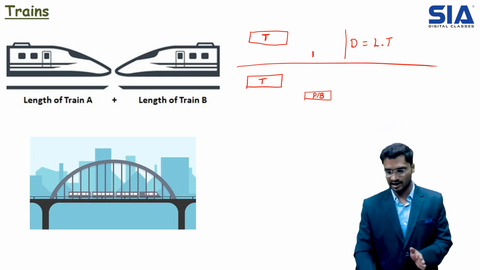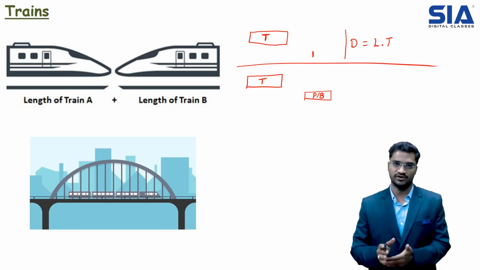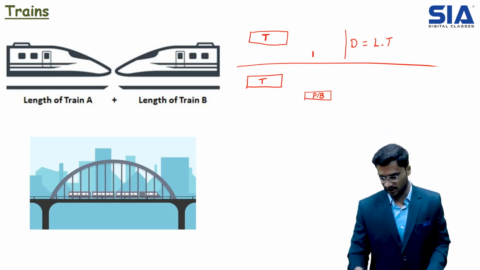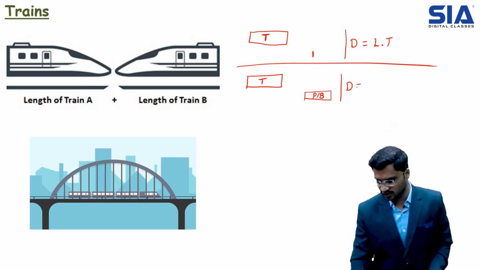So there are two entities. Here the distance is the length of the train plus the length of the platform or bridge.